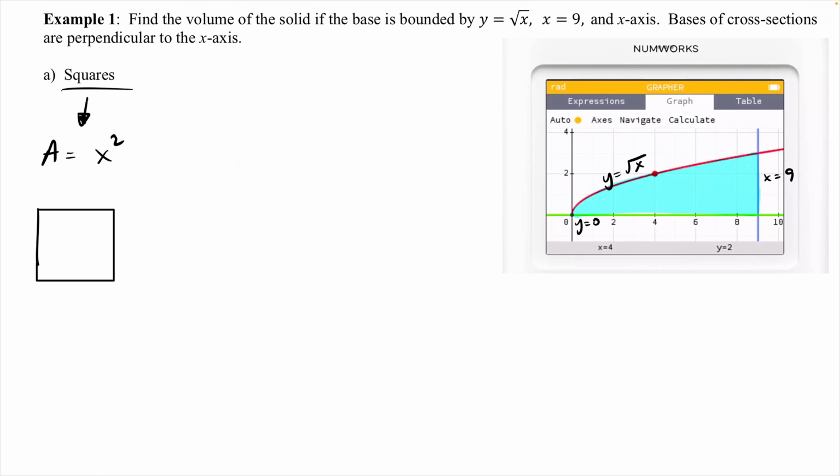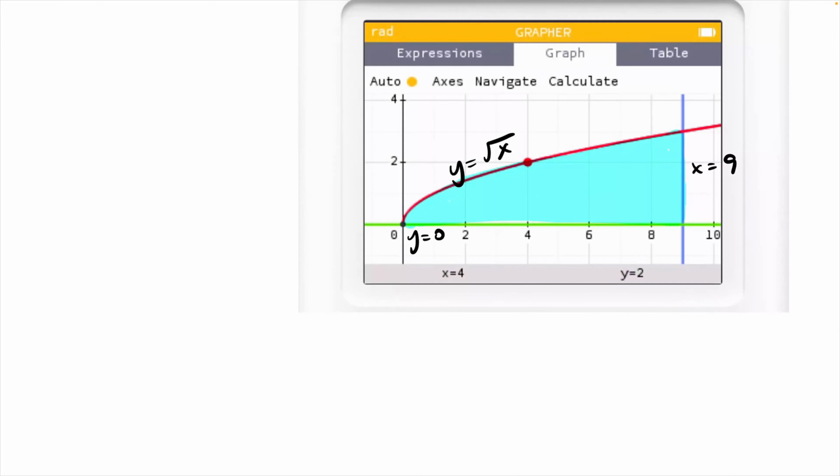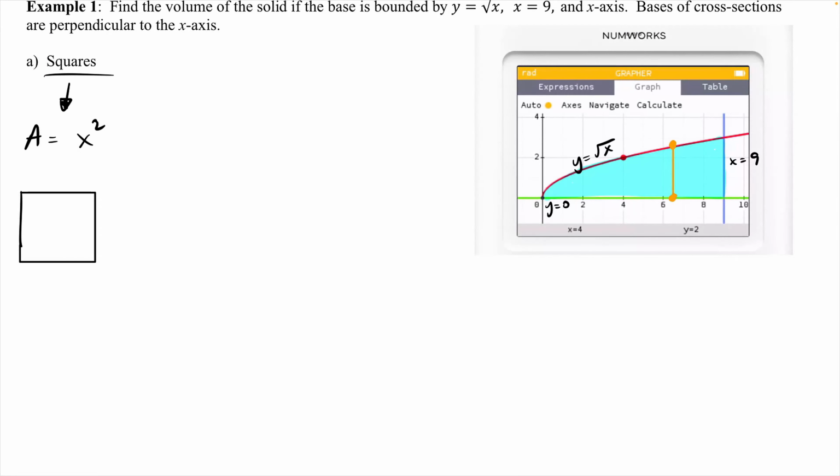Okay, so each square is going to sit from here to here. That's a side. So that's going to be one side of a square, and it's going to stand up.